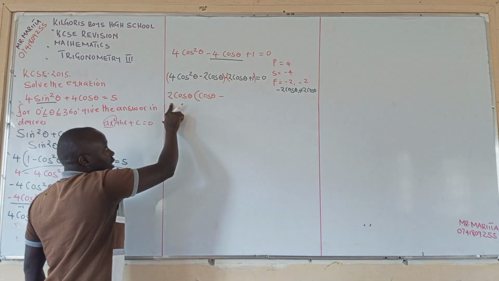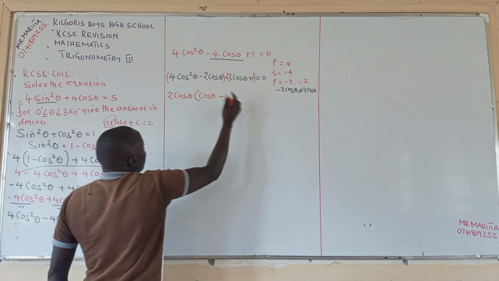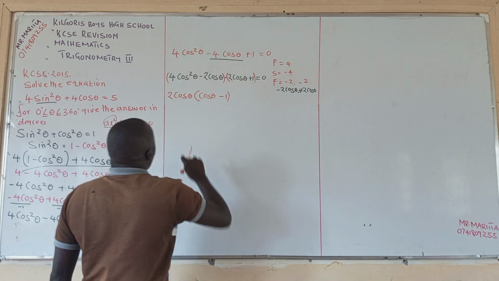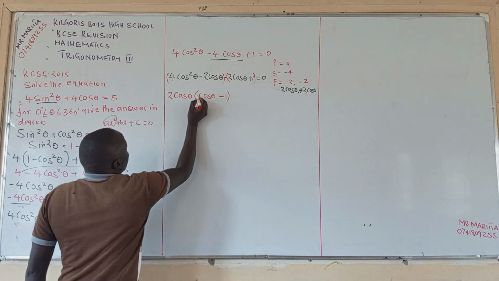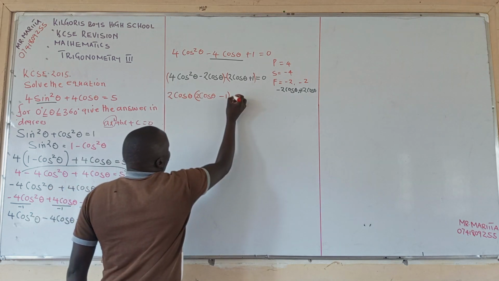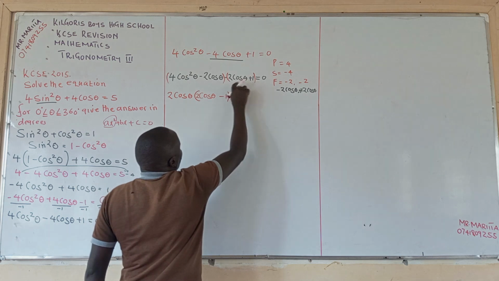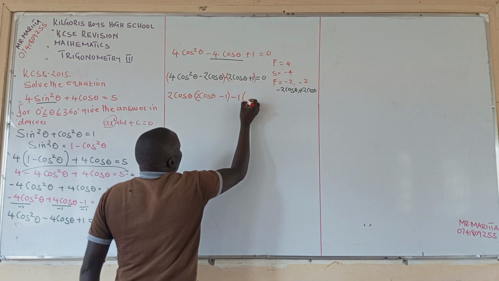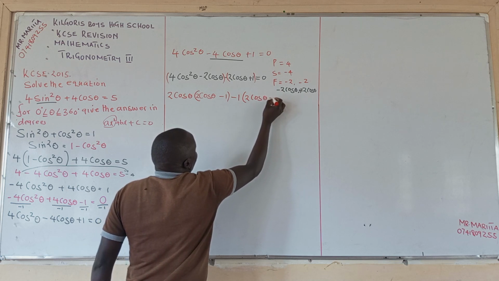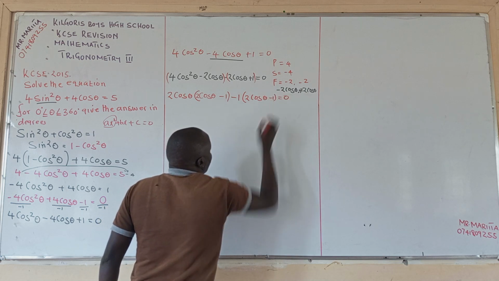We have factored out these 2 cos theta, so we subtract 1 like that. And then 2 times 2 such that we have 4. Then we subtract on this side. 1 is common here. Then we have 2 cos theta minus 1 in that case is equal to 0.